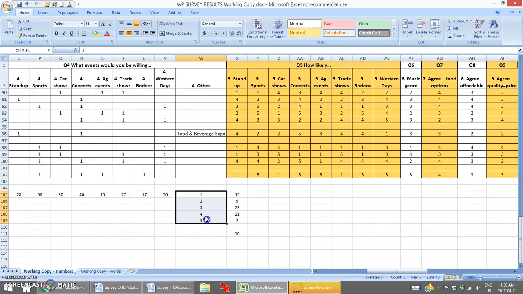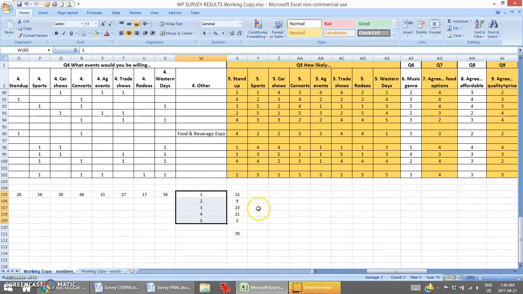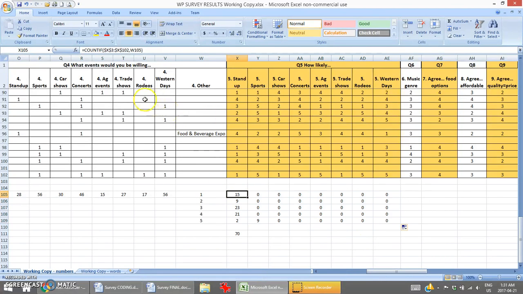Instead of using these numbers in your pie chart, you would want to put in the actual terminology, which is right there, making your pie chart. So once you have this, it's really easy to copy. Oops, it's because I have those cells absolute, but you get the idea. You can do a quick count of each option for question 5.